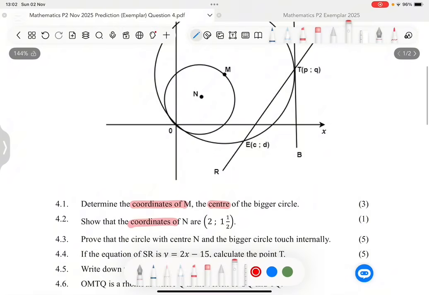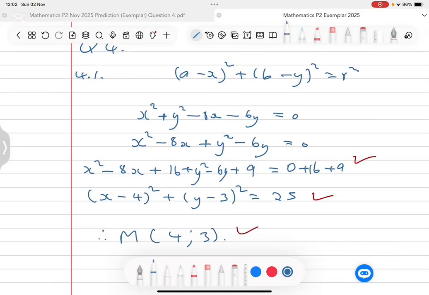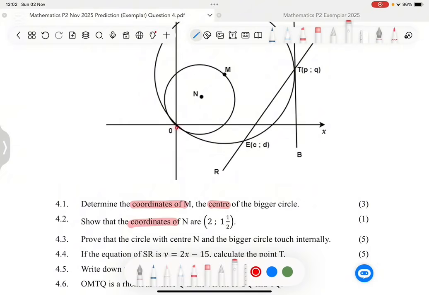This means that this point here is the midpoint of the smaller circle. So one can find the midpoint using the points O and M. Or already we have this point M here. So if I do half of this point, I should get that point.